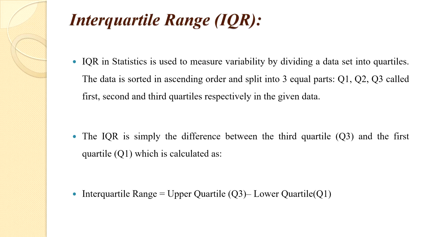IQR is the difference between the third quartile and the first quartile, that is Q3 minus Q1. The formula is IQR equals upper quartile minus lower quartile, that is upper bound minus lower bound values, Q3 minus Q1. With the help of this formula we find the outlier values in the IQR method.